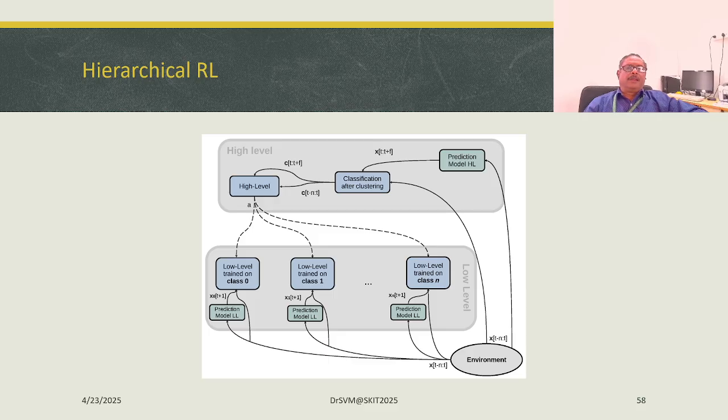So at a high level, we decide which policy is better for which type of activity, and then at the low level, we apply those policies and actually work with them. So these are the various types of reinforcement learning we have in our stock.